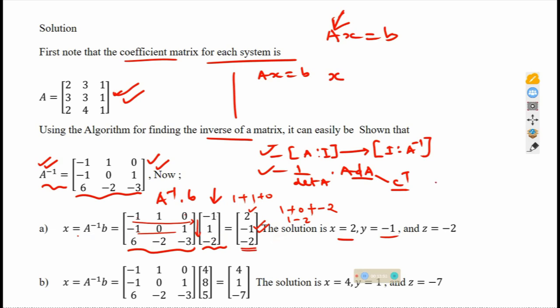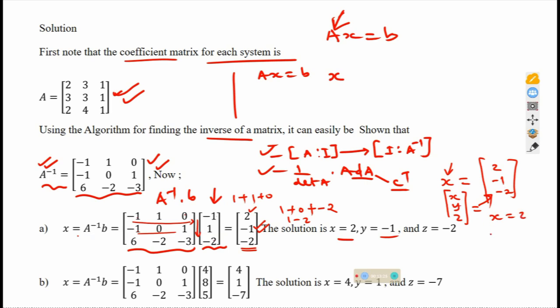So having done that, we are having our x equaling to 2, -1 and -2. But this x here represents the variables, that was x, y, and z. So in other words, you are having x, y, and z equaling to this. So equating the corresponding terms, you can easily see that x is 2.